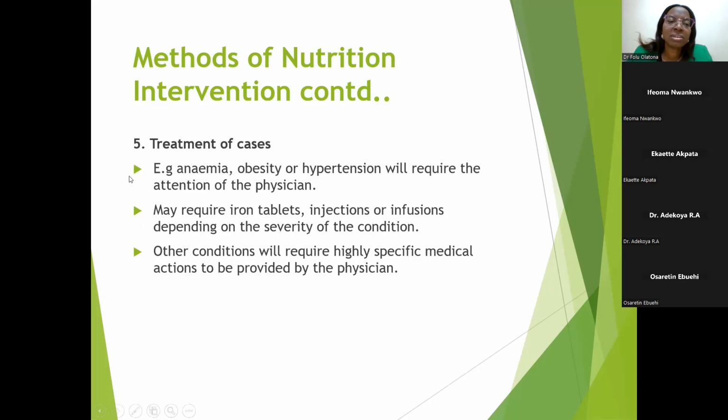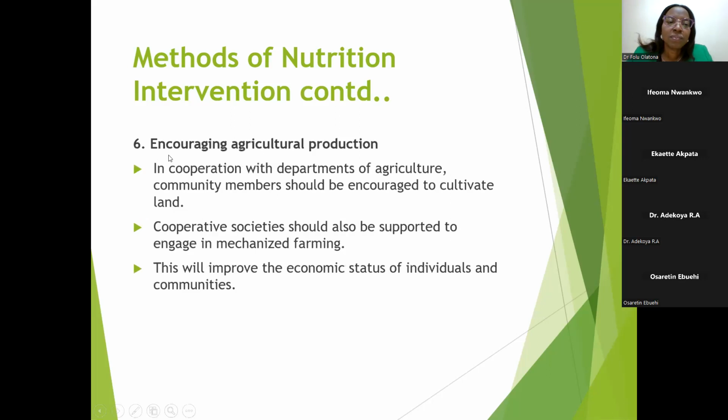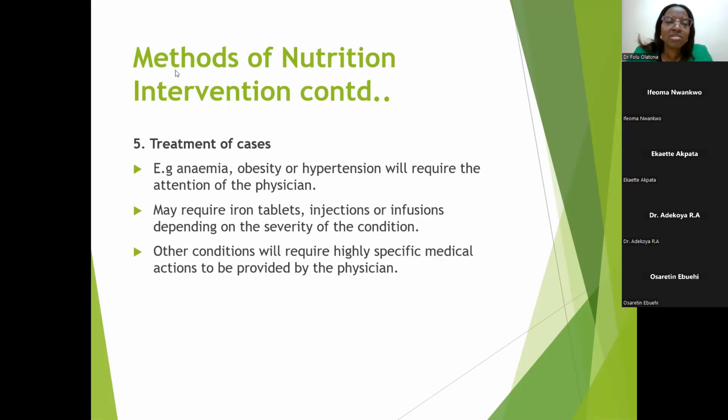So another method that is used for community nutrition is treatment of cases. That means in this situation, we identify people who already have challenges and we treat them. So let's leave anemia for now and go to obesity. Obesity is a nutrition problem.